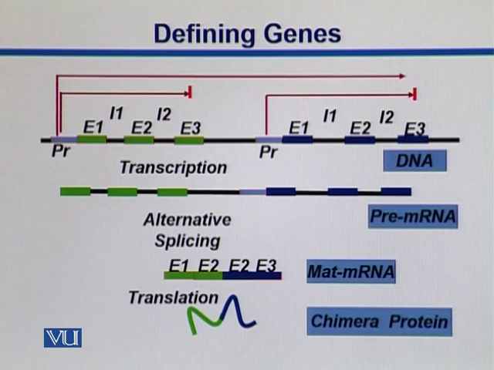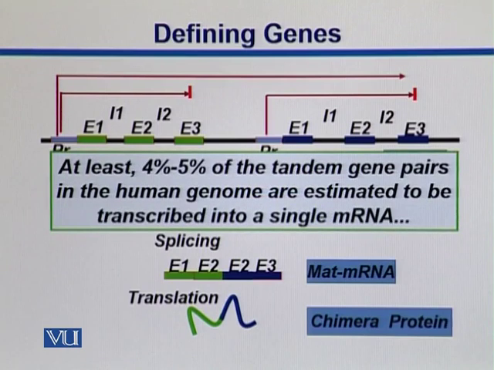So if you are trying to get the genes from their products, those products may be coming from different genes. So it's a cumbersome task to identify the genes. About 4 to 5% of tandem gene pairs, the gene pairs which are located together, are estimated to be transcribed into a single messenger RNA.